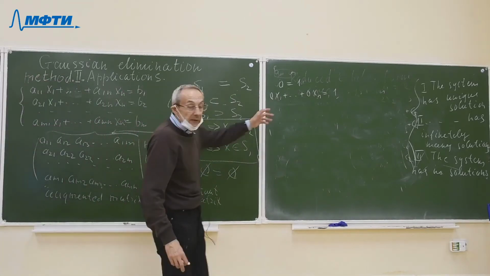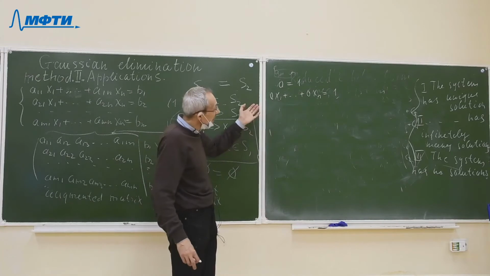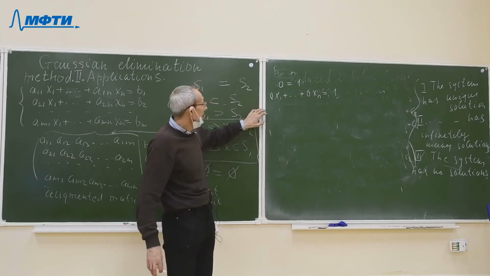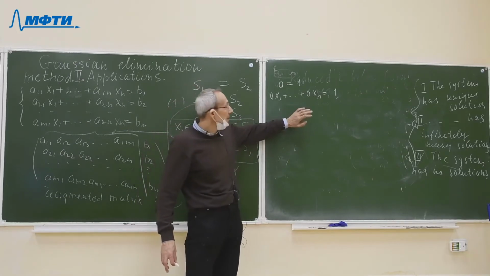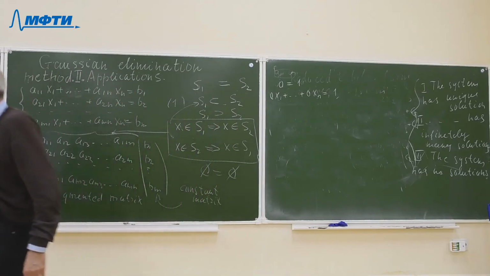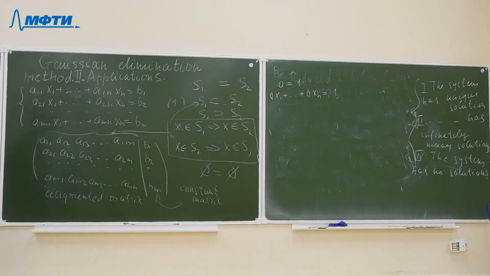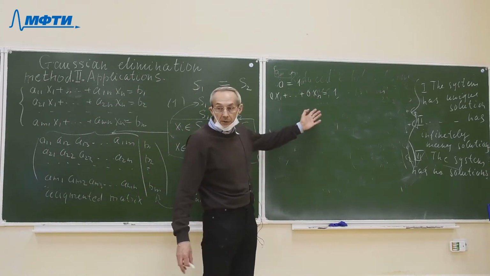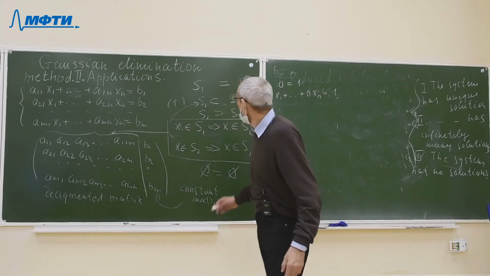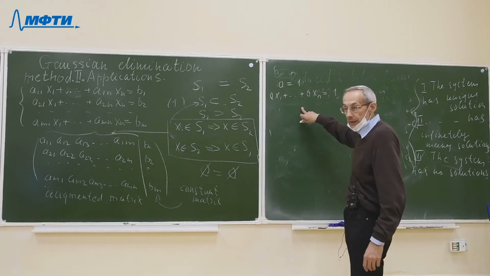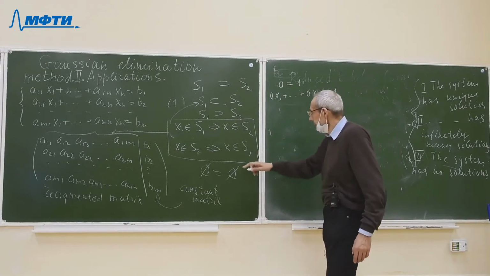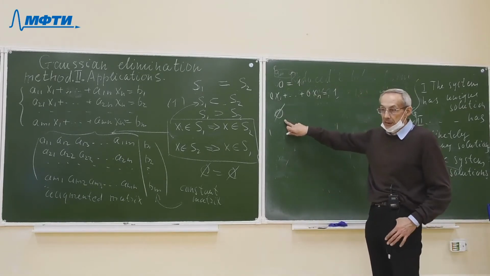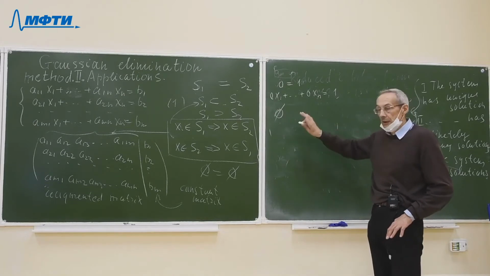So yes, this equation has no solutions. We can substitute any numbers on the left side, and in every case we couldn't write an equality. 0 is not equal to 1, and we have no solution in this case. We use the following notation: the empty set, the set which has no elements.